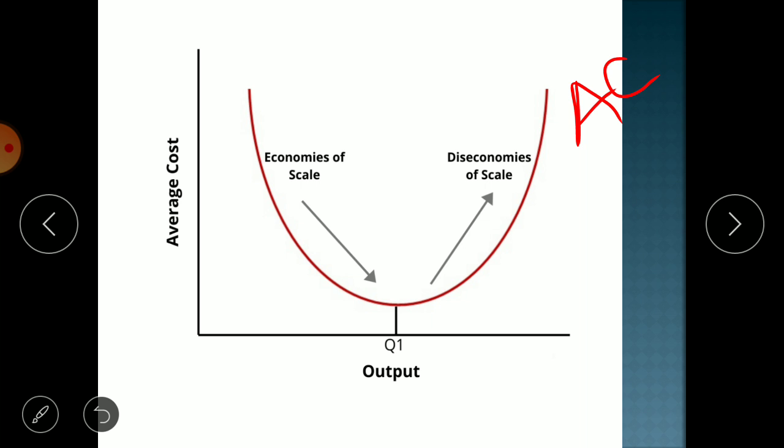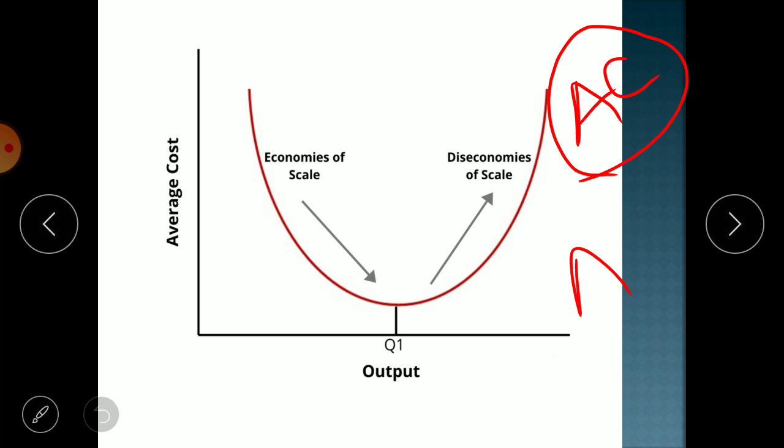So average total cost is written as average cost only. At that time also I told you that either you can write ATC or you can write AC. ATC means average total cost, and in every economics book it will be written as AC, average cost. But ATC and AC both are the same.